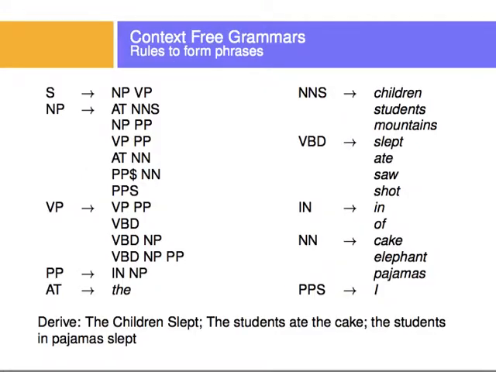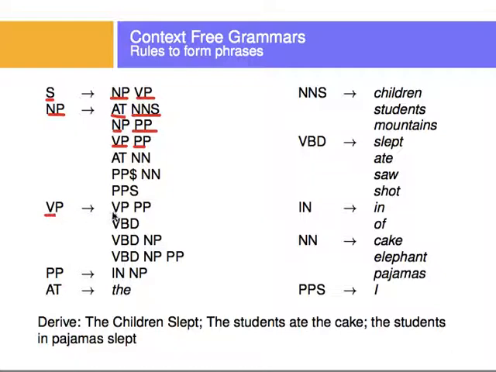So for example, we can have a set of rules, or production rules also called, where for example you have a sentence will divide, any sentence will be divided into two chunks, a noun phrase and a verb phrase. The noun phrase can be divided into two different chunks here, or these other chunks, or it could be divided into these chunks. So there are many ways to divide a noun phrase.